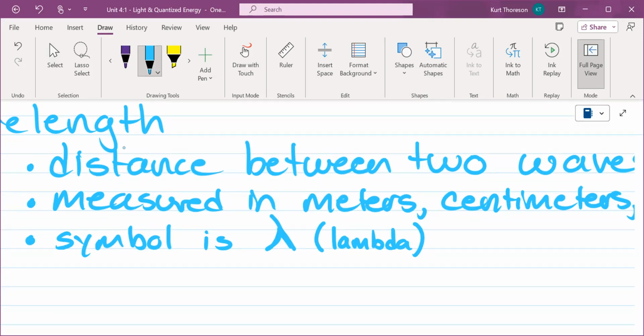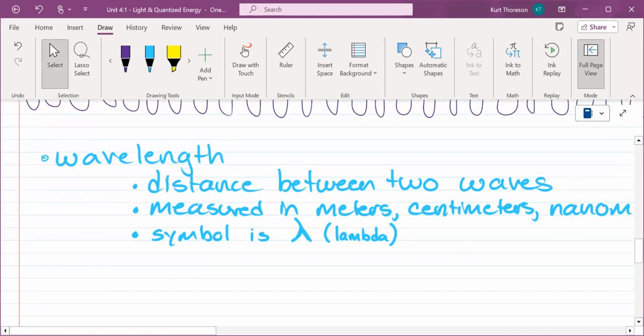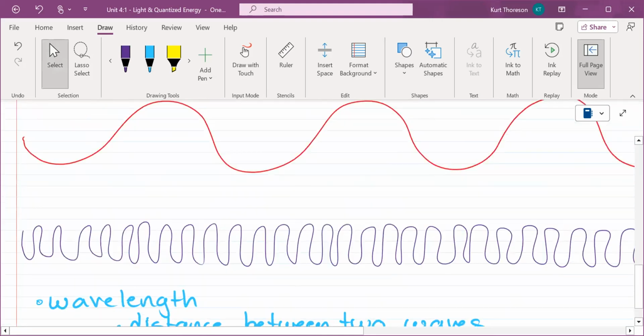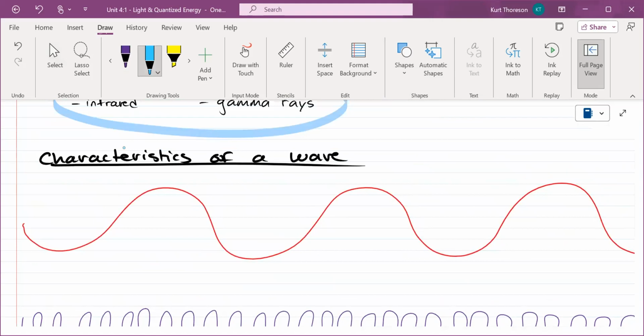So how do I find what a wavelength is? Well, I wanted to draw in blue for a reason, so I can label this for you guys. I'd like you to go to the red wave. From here to here, in the space between, that's a wavelength.